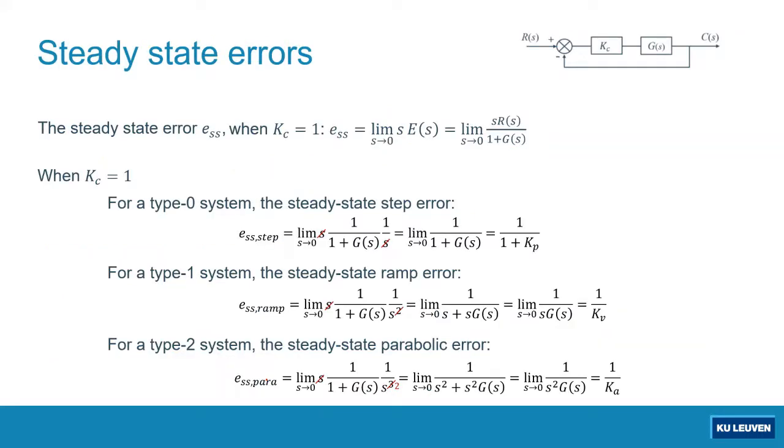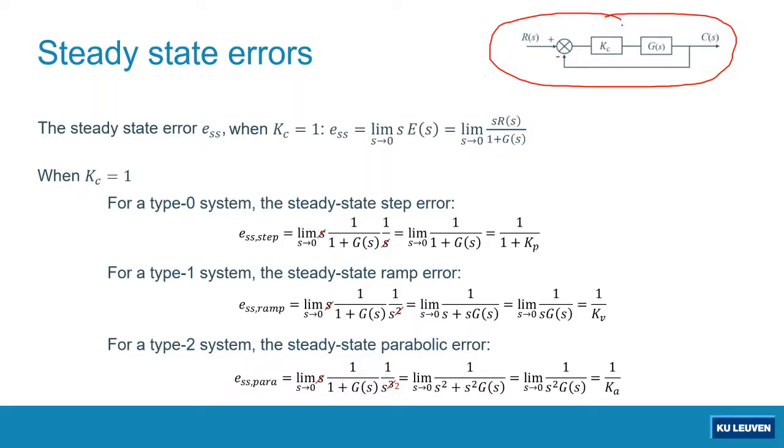Now let's take a look at what proportional controller can offer to us. Let's consider again the story of steady state errors. Initially, let's say, in this unity feedback system, I haven't tuned the proportional controller.